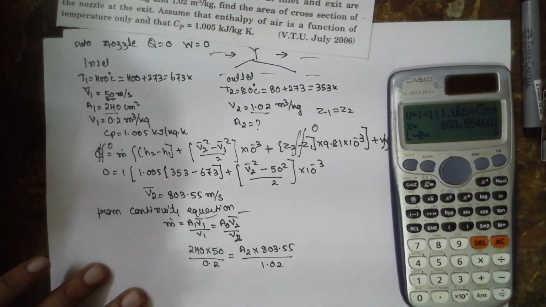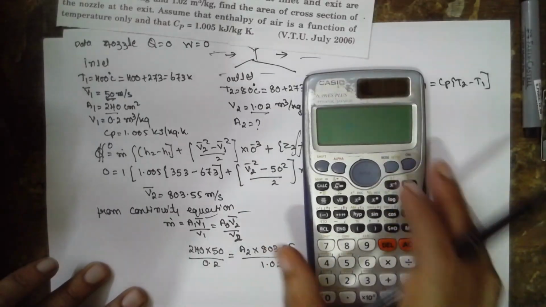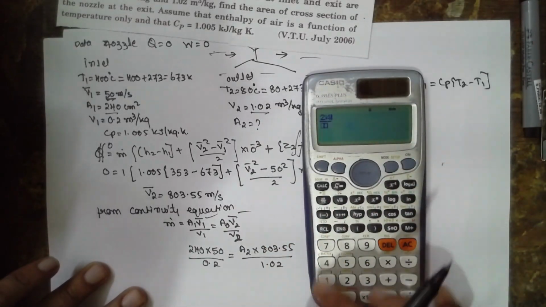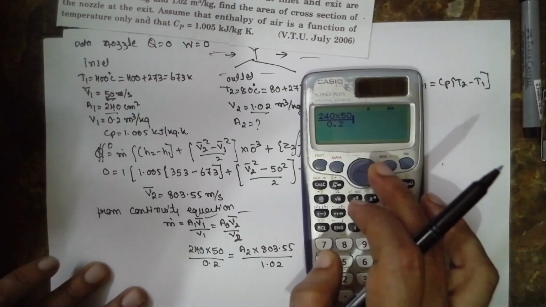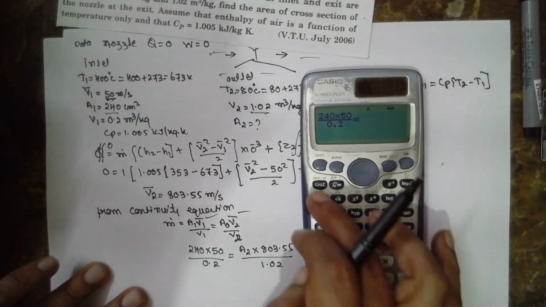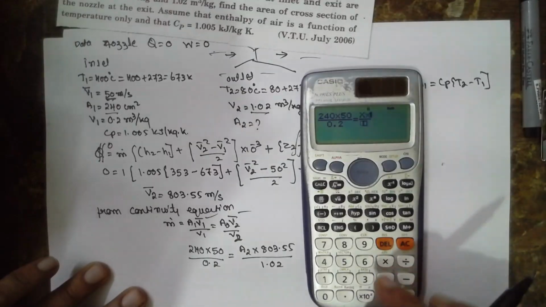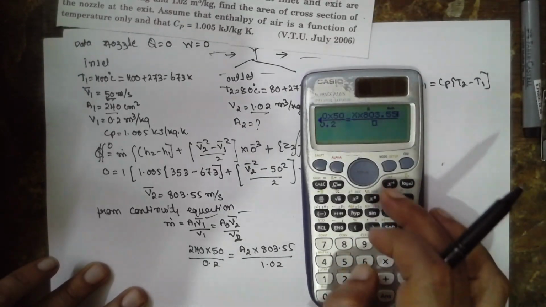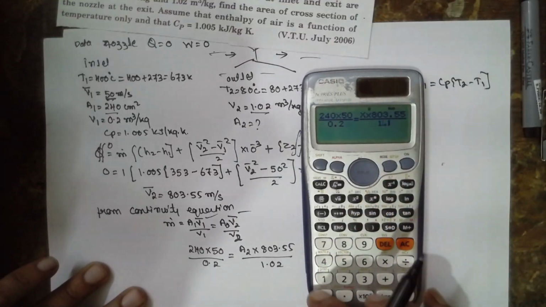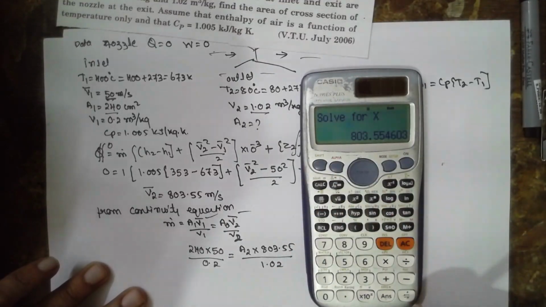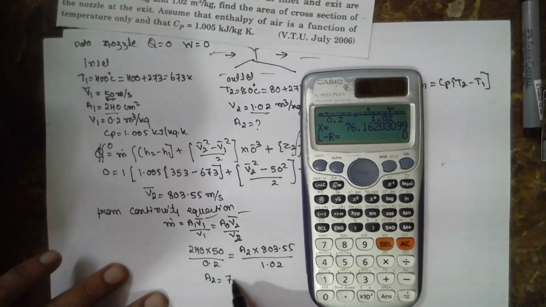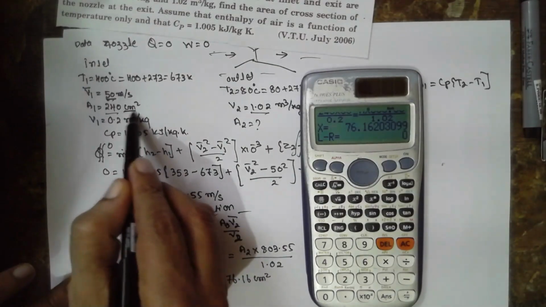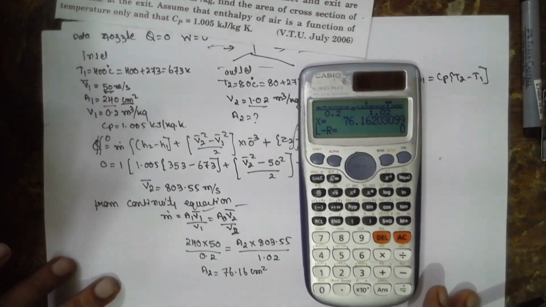Now we are going to find A2 with the help of the calculator. 240 into 50 divided by 0.2, alpha is equal to alpha x into 803.55 divided by 1.02. Shift solve is equal to. Now you will get A2 is equal to 76.16 centimeter square, because they are expressed in terms of centimeter square. This completes the problem.